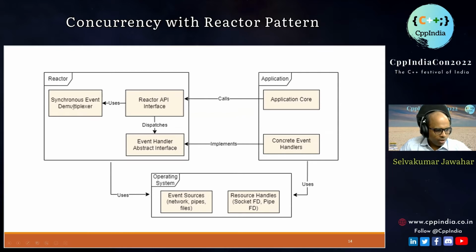What the synchronous event demultiplexer does is it listens on these event sources which are set by the reactor, and it will look up the event source and call the correct event handler.